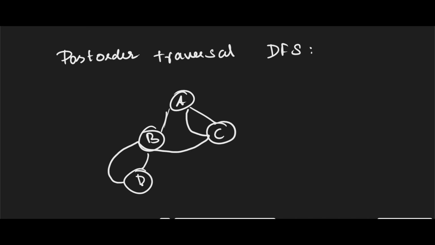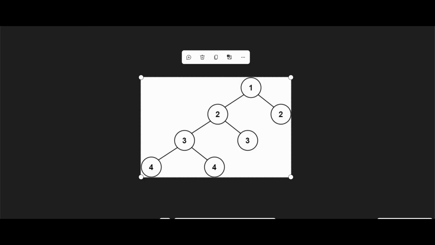This is the post-order traversal. Like in this example, first we visit 4, then the other 4, then its parent node 3, and the right subtree 3, and then its parent node 2, and then its right subtree 2, and then the root node 1. This is post-order traversal.